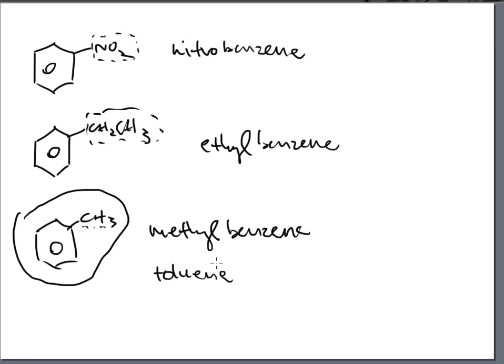Toluene. The reason that I mention that is in a laboratory environment, we often refer to that compound as toluene all the time. And toluene doesn't give you really an idea of how that structure is made.